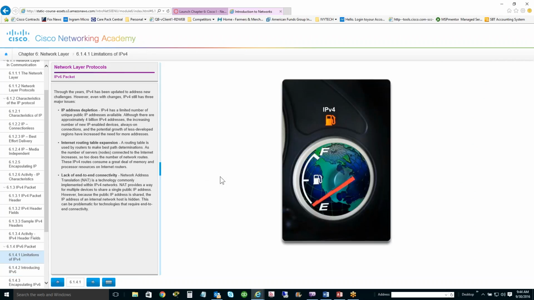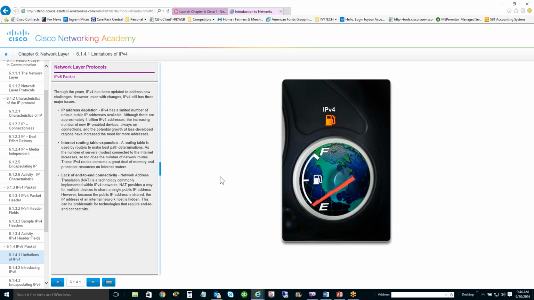Okay, so then we start talking about IP version 6. And the reason why IP version 6 came out is because what they found with the explosion of the internet is that IP version 4 was going to run out of unique address space. The big problem with IP4 is IP address depletion.